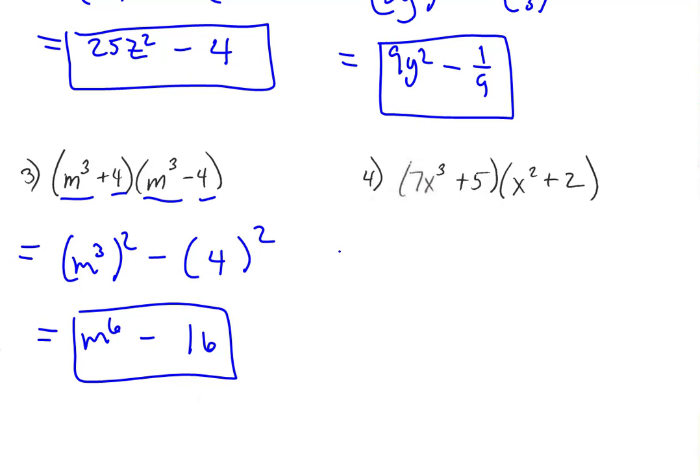Moving on to the next one, this one begins as two sets of parentheses. The first one contains 7x cubed plus 5. The second one contains x squared plus 2. But if you try to match this up to the formula above, you'll notice it actually doesn't match.